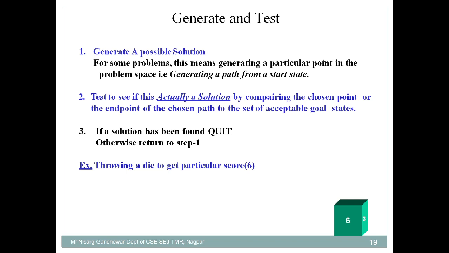The problem space is an area where your goal state is present, and you are supposed to find that goal state. So what do you generate in generate and test? You generate a new state, and you test whether it's a goal state or not.